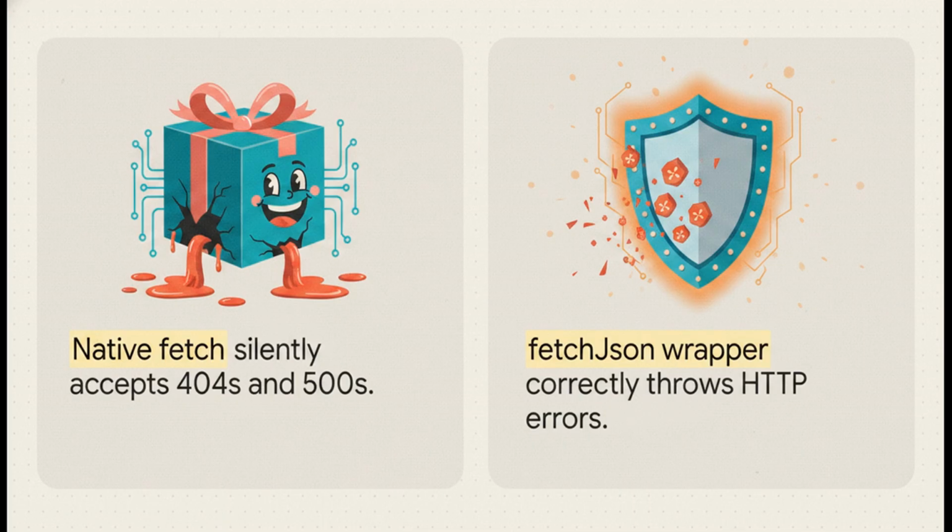This means you might accidentally try to parse an HTML error page as if it were valid JSON data, which causes massive bugs down the line. And that is exactly why professionals always use a wrapper function, usually called something like fetch.json, that manually checks if response.ok is false. If it is, it intentionally throws a proper error with the HTTP status code attached, so your app can actually catch it and react appropriately.